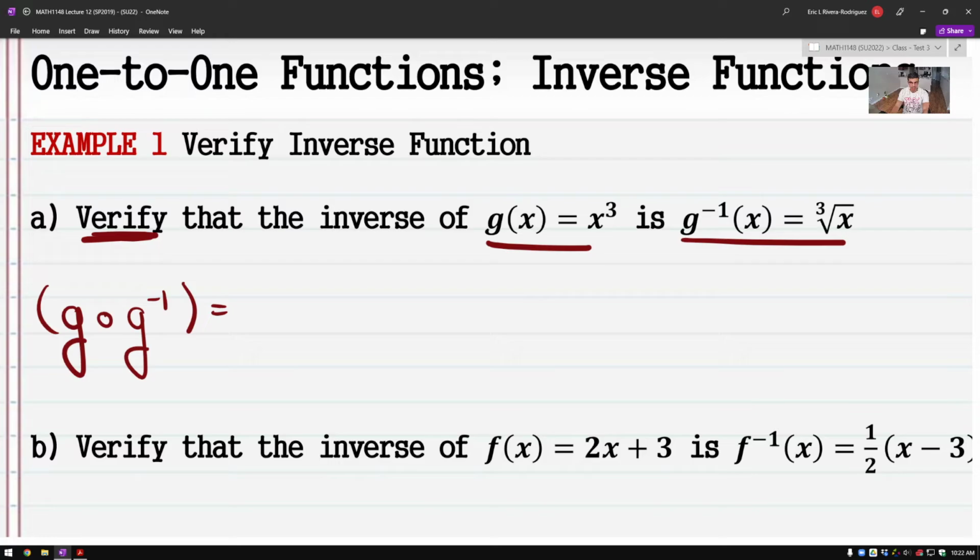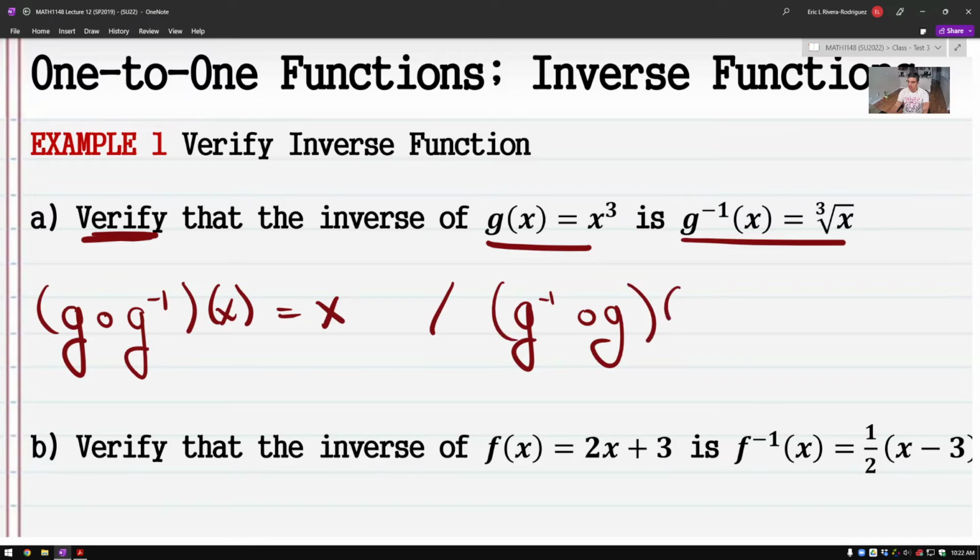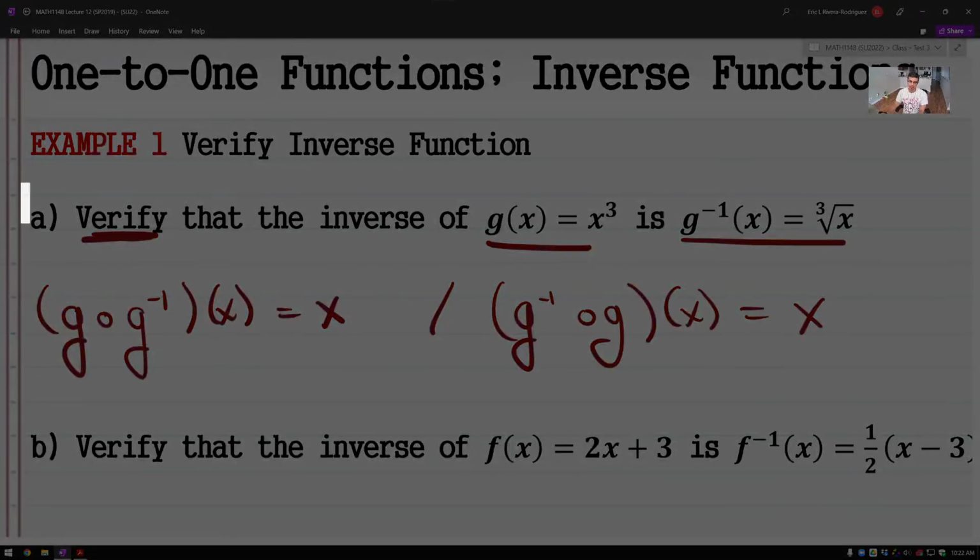This needs to give us back the input. But this is not the only requirement. We need both directions, because they need to be inverse to each other. So this is how we are going to verify that indeed we have inverse functions.